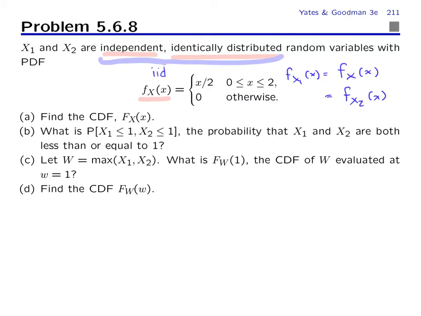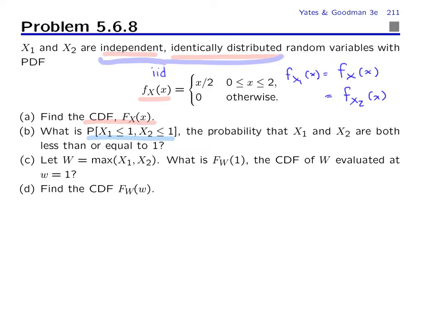So this problem is actually an old exam problem from years ago, and you can kind of tell because the steps get progressively more difficult. The first step is something you could have solved in the previous chapter. It just asks you, what is the CDF of x, which could be x1 or x2? The second step is a little harder. It asks you to calculate a joint probability of x1 and x2 each being less than or equal to 1.